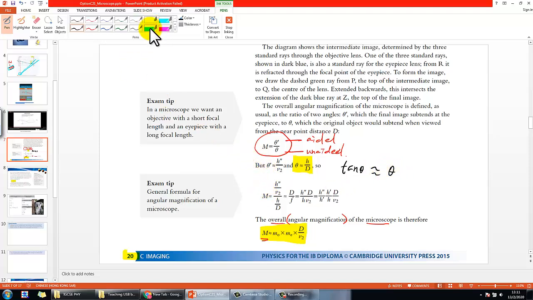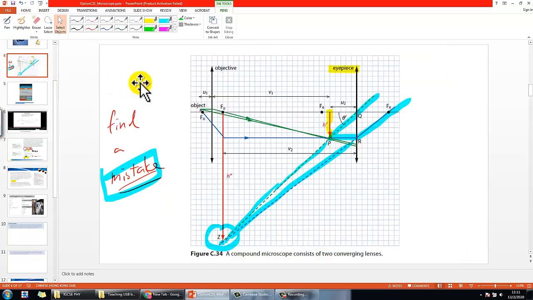And in our case here, our aided one, as we are talking about the overall angular magnification, we are referring to the final image. So that's why it's h prime prime. If you refer to the diagram, that is basically this one. So h prime prime is actually this one, and then you have the distance of v2.